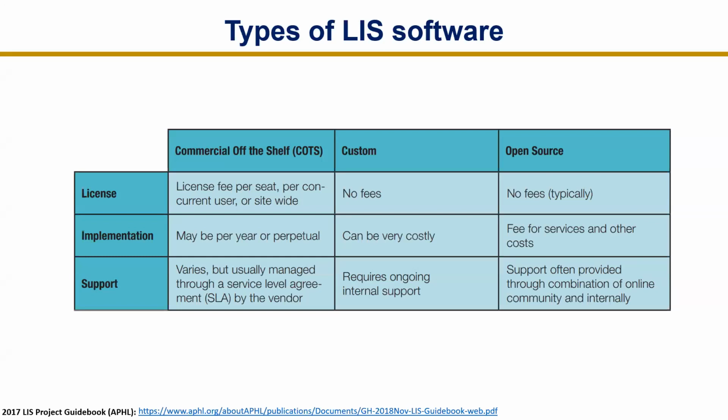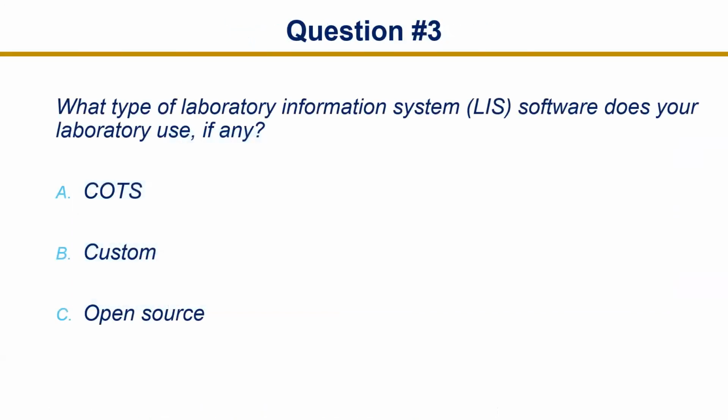I'm familiar with the commercial off the shelf, but generally they differ based on fee and support requirements. And I'm a bit curious to see, those of you who have LIS software, what kind of LIS software do you have, whether it's open source, ready, or custom?